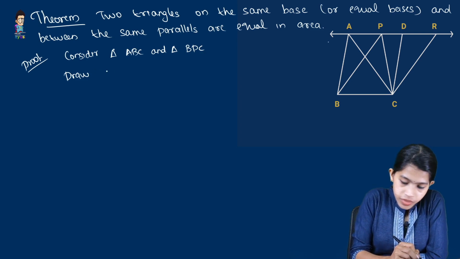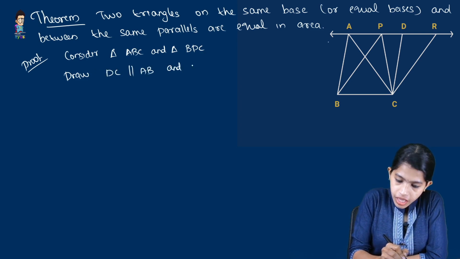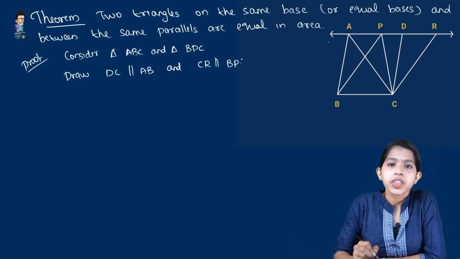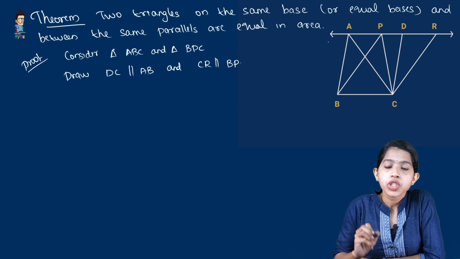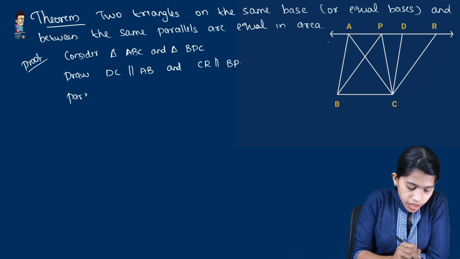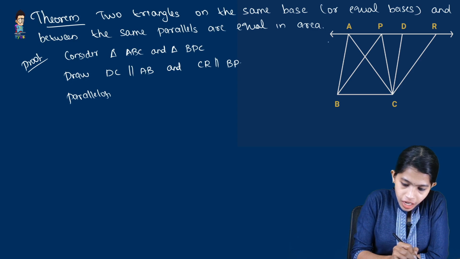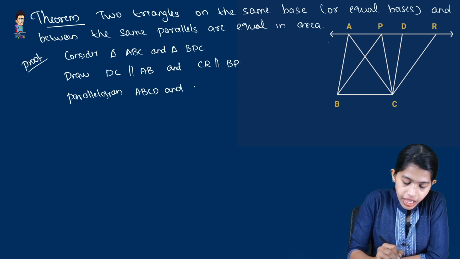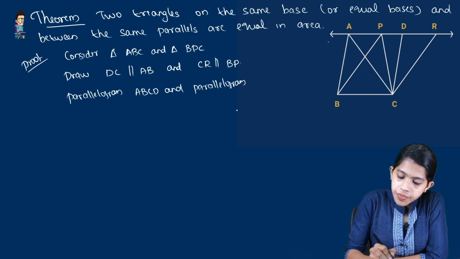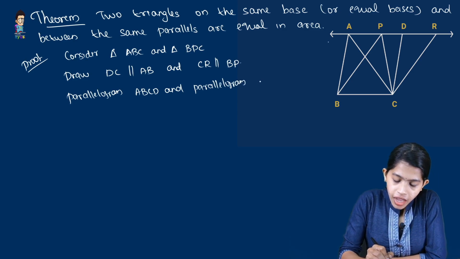Draw DC parallel to AB and CR parallel to BP. Now we can see two parallelograms, and those are parallelogram ABCD and parallelogram BPRC.